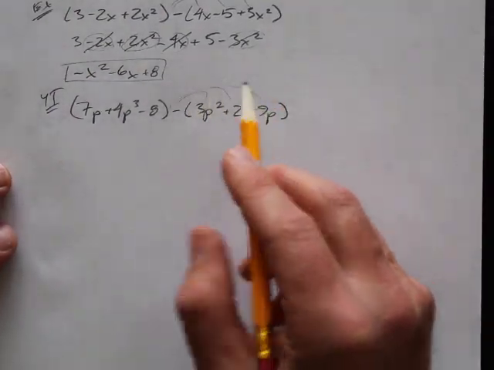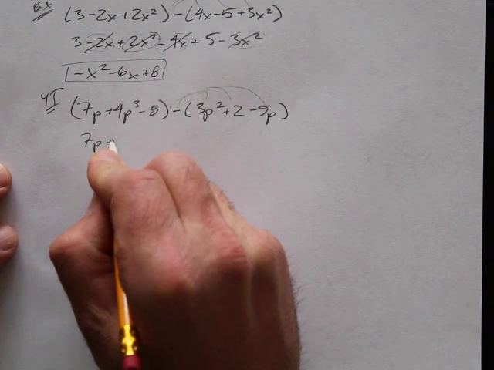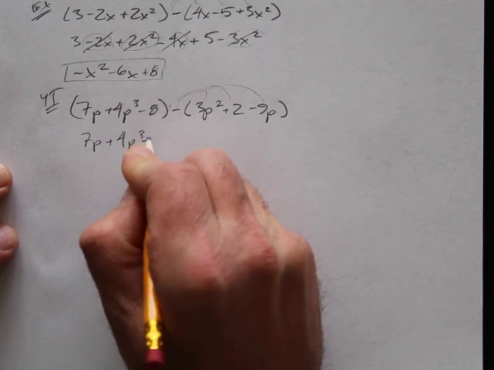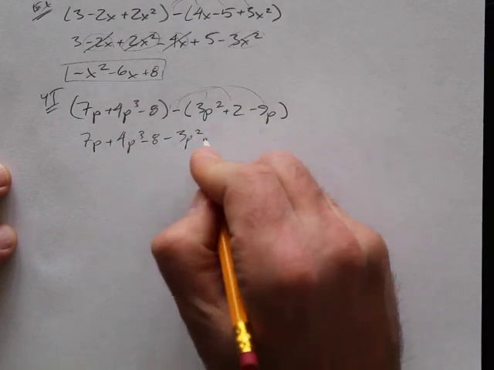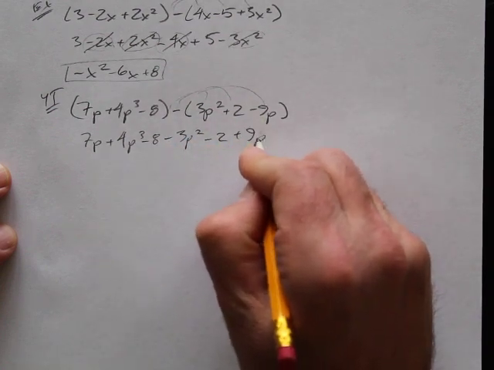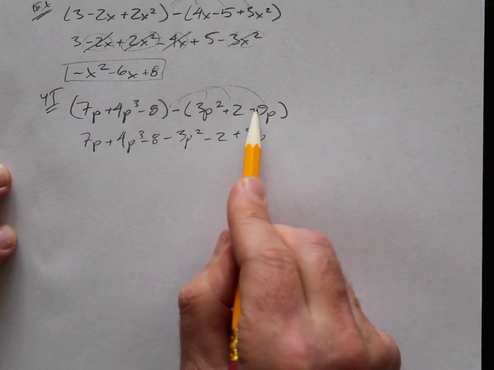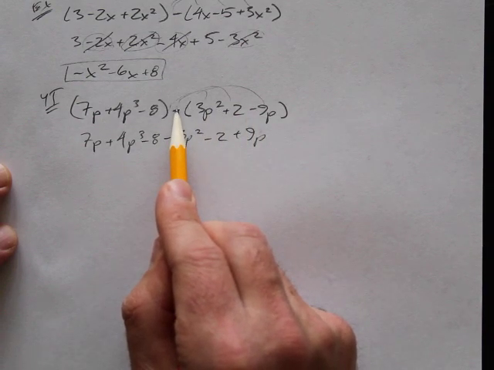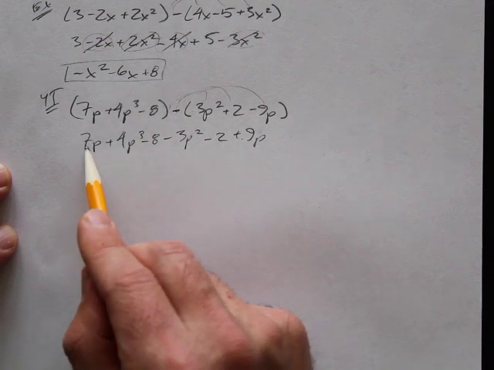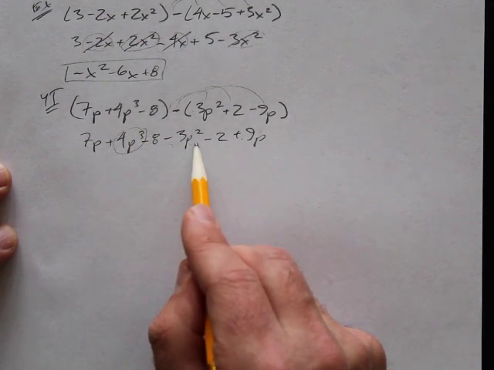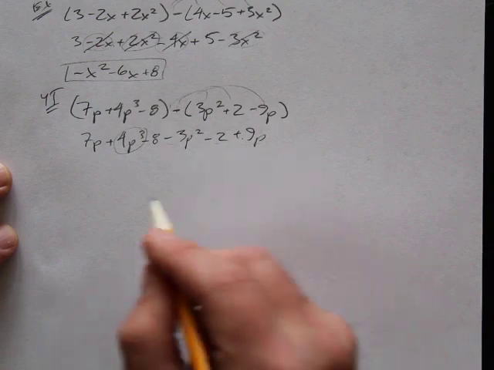Distribute, distribute, distribute. Rewrite this: 7p plus 4p cubed minus 8 minus 3p squared minus 2 plus 9p. So I've just switched the signs for everything in here because they're being multiplied by negative 1. Negative, negative, positive. Find my like terms. So here's a p cubed. Looks like that's the only p cubed that I have.